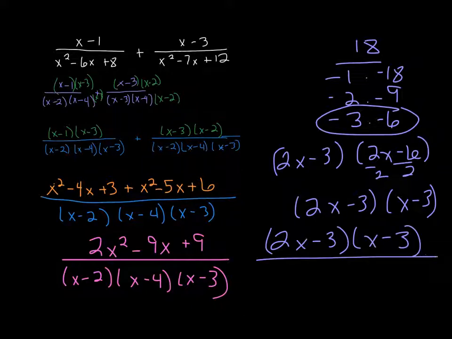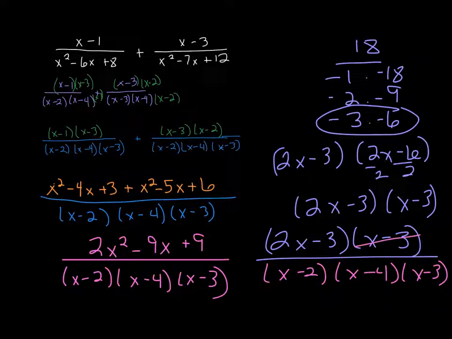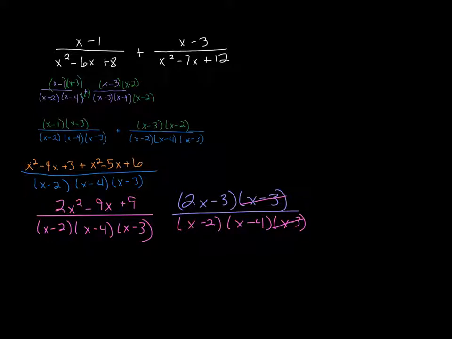Our denominator was x minus 2, x minus 4, x minus 3. So we can actually cross these off. We wouldn't have seen that had we not factored. So our final answer is actually 2x minus 3. I don't need the parentheses anymore since a fraction bar groups them. And then x minus 2, x minus 4.